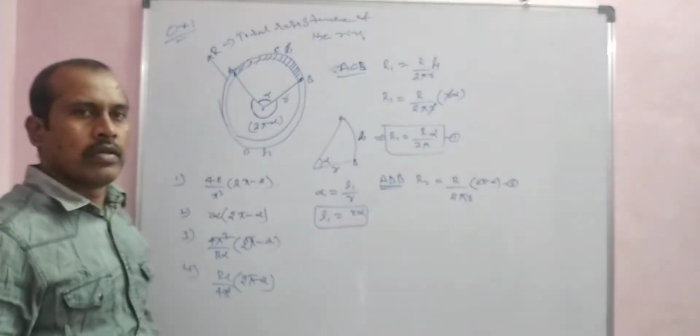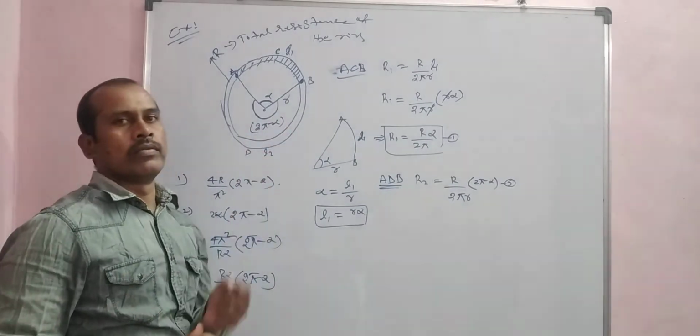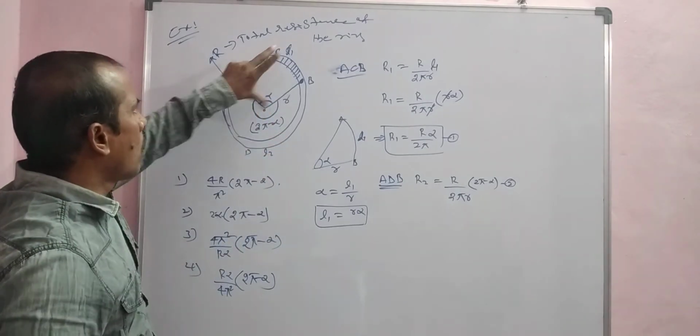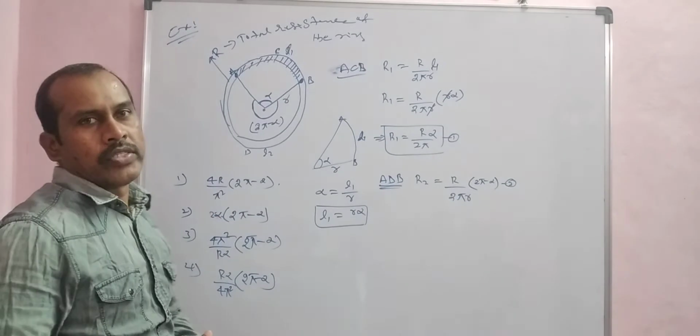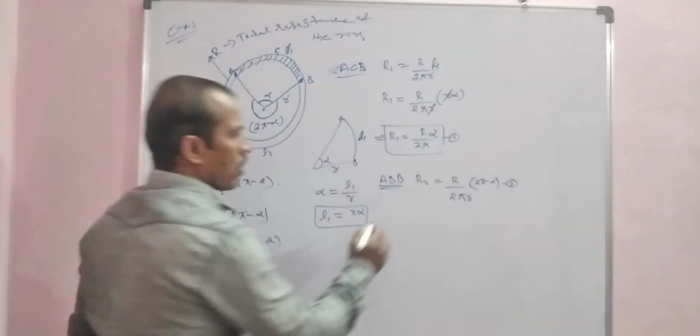Now find the effective resistance of the ring. These two, R1 and R2, are in parallel combination.